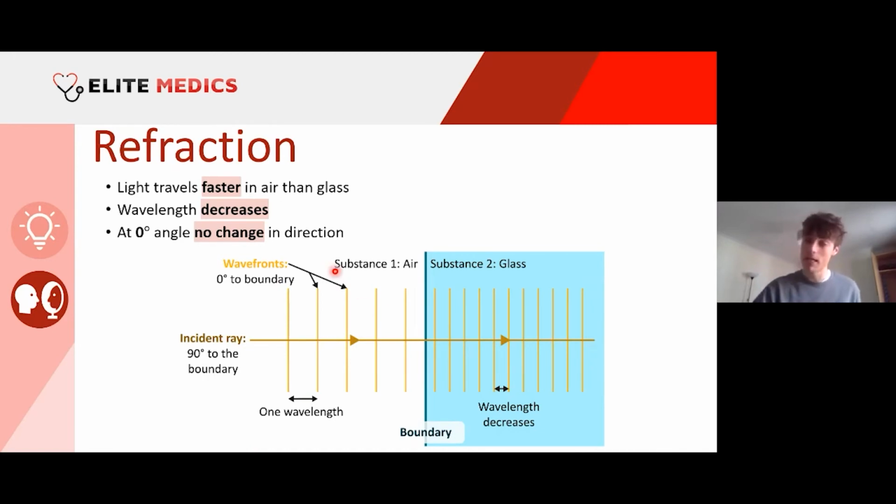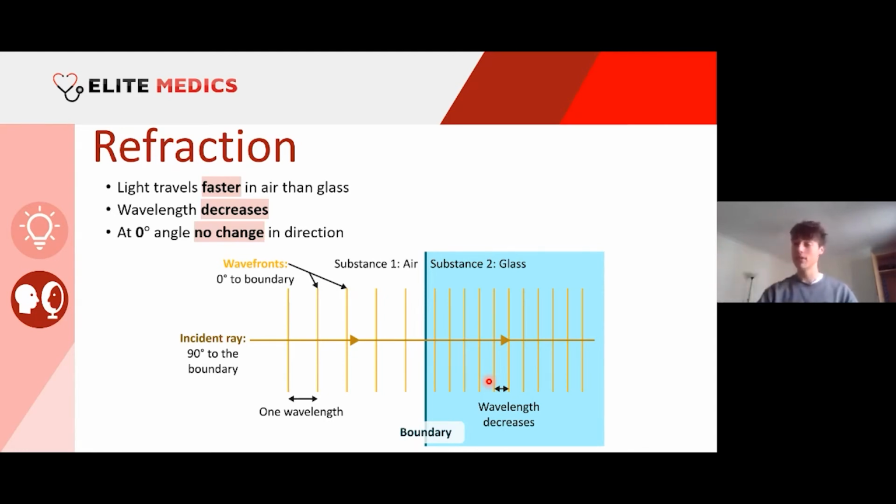We go from a high speed in air to a lower speed in glass. So if we have a frequency that stays constant, but we decrease in speed, if you remember your wave speed equation, v is equal to wavelength times frequency. If the frequency is constant, let's ignore it. Let's just say v is proportional to wavelength.